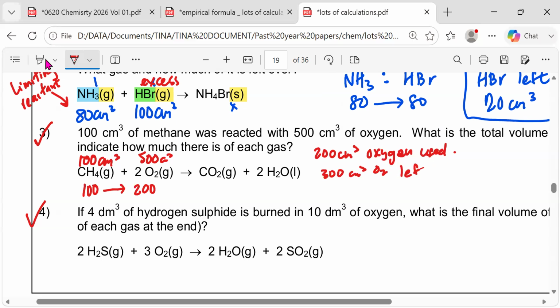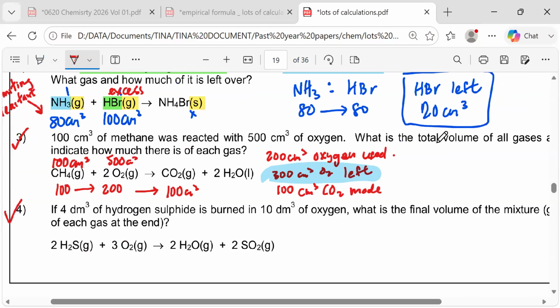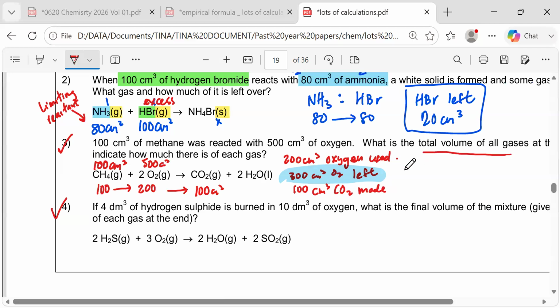So that's the first thing we need to write down: 300 oxygen is left. How much of this is made? 100 centimeter cube of carbon dioxide made. So the total volume of all gases is 400 centimeter cube total. Do you understand now? Make sense?